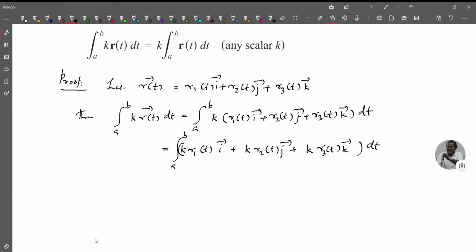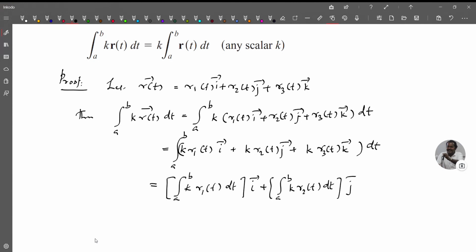This is integral a to b k r1 of t dt i plus integral a to b k r2 of t dt j plus integral a to b k r3 of t dt k.